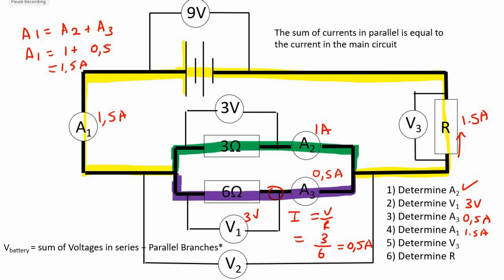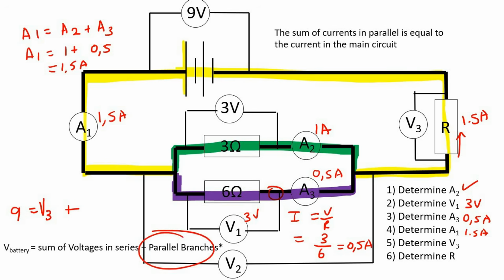But what we can do is look at this formula over here. We know that the battery's voltage is the sum of all of the voltages in series plus the parallel branches. So the voltage of the battery is 9. Now we actually do have a voltage in series. It's called V3.